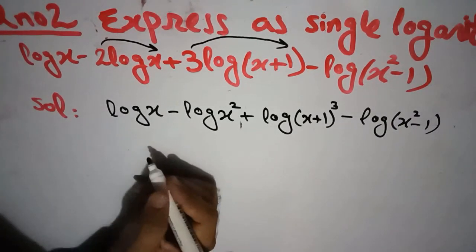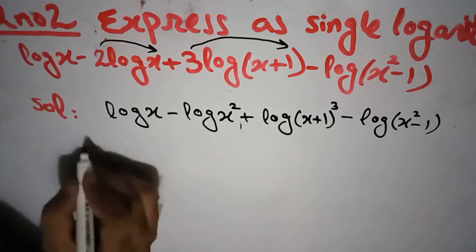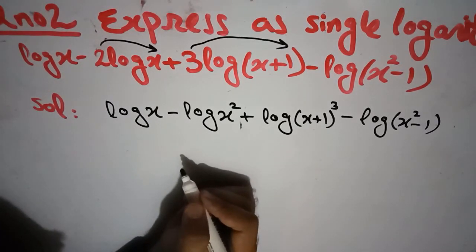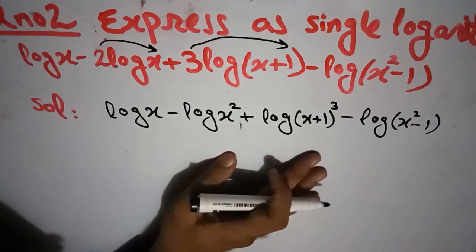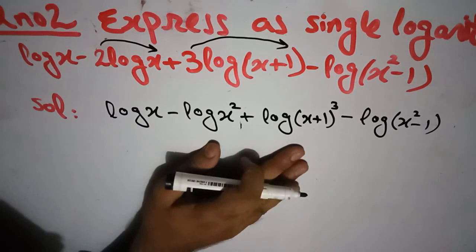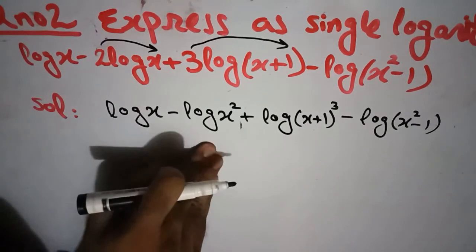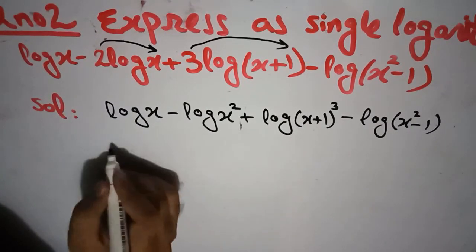So in the next step, use another property of the log, that is, arrange the positive terms first and the negative terms after them.